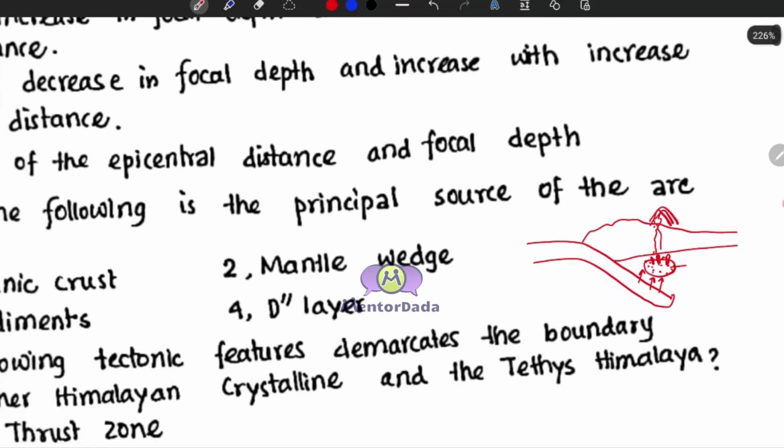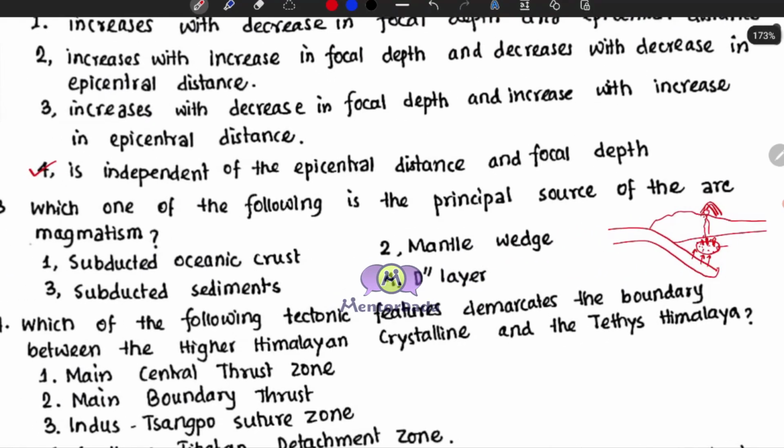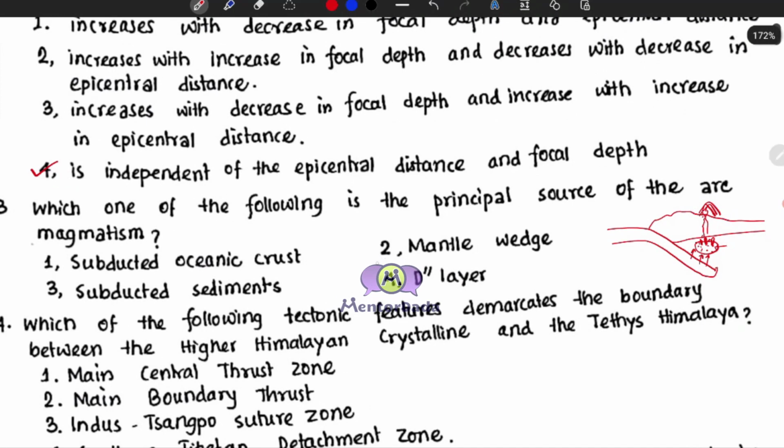So the mantle wedge, because this is the part of the asthenospheric mantle which is suffering melting, so option number 2 will be your correct answer.